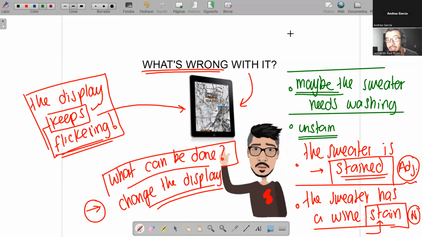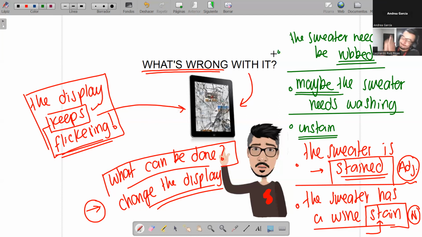I would say the sweater needs to be unstained. But for removing a stain, I think the secret is that the sweater needs to be rubbed. Rubbed, it means como estregarlo, restregado. Exactly, right? So that's the secret.